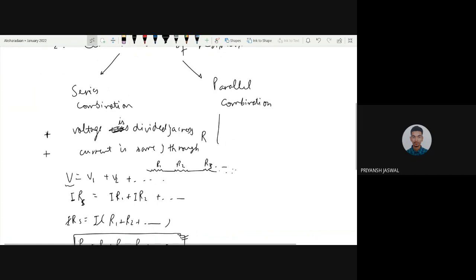Then the other was parallel combination. In parallel combination, voltage was same, or you can say the potential difference was same across all the resistances, and current was divided.